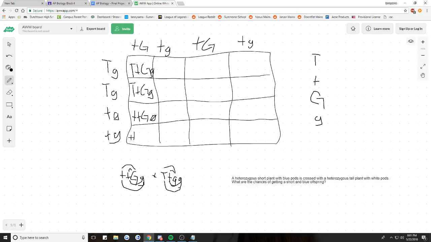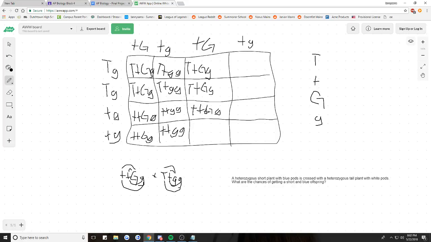Uppercase T, lowercase t, lowercase g, lowercase g, uppercase T, lowercase t, lowercase g, lowercase g, lowercase t, lowercase t, lowercase g, lowercase g, uppercase T, lowercase t, uppercase g, lowercase g, lowercase t, lowercase t, uppercase g, lowercase g, and so on.